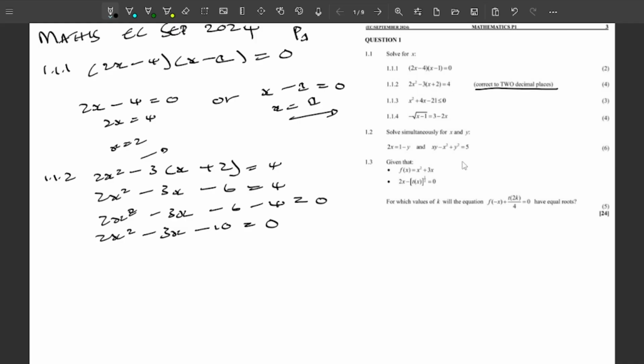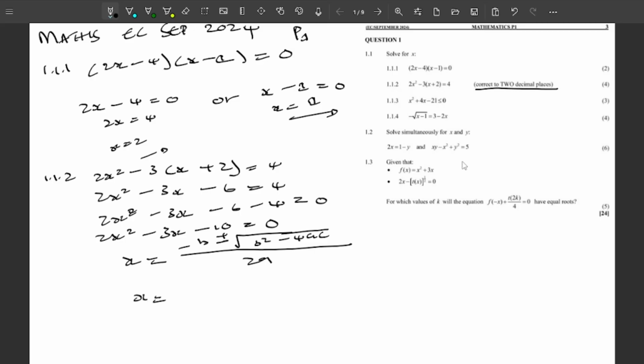And from there on, we can use the quadratic formula, since we know that x equals minus b plus or minus the square root of b squared minus 4ac, divided by 2a.